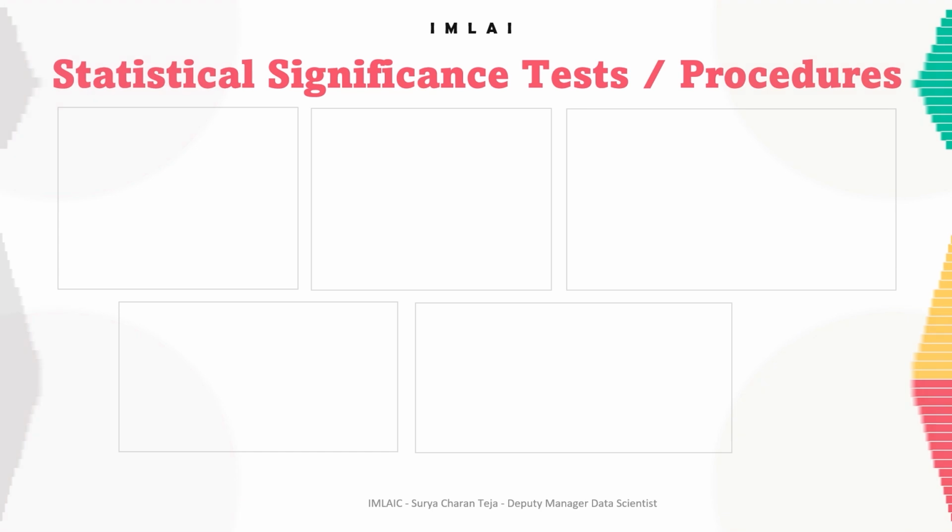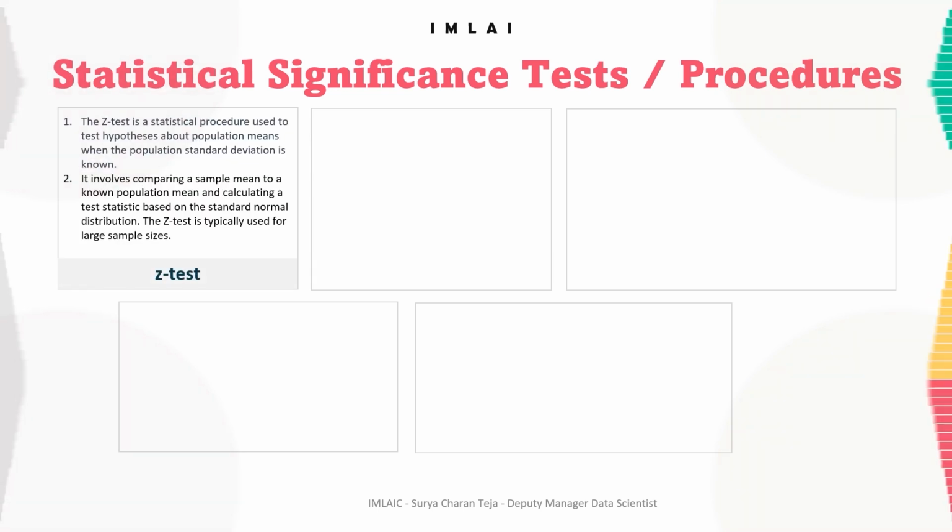to do the statistical tests and to find out the statistical significance of the relationship between the features. So what all tests are we going to do? Z test, as we have discussed earlier.